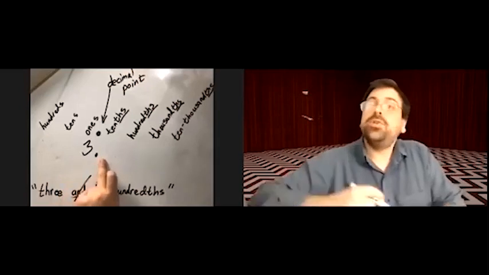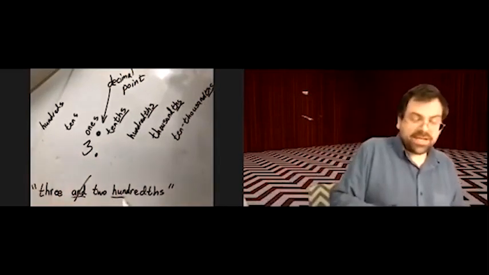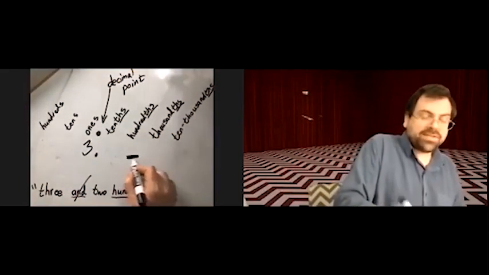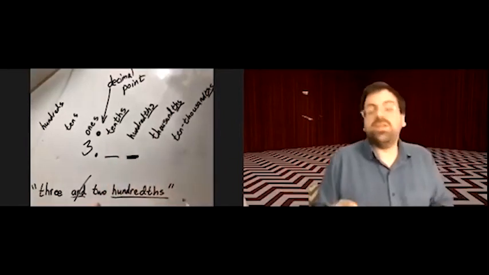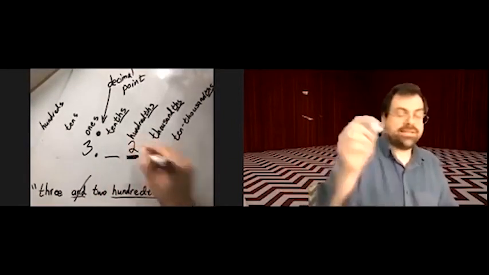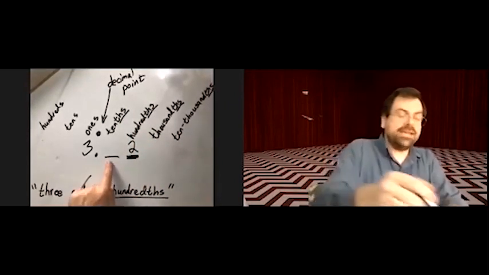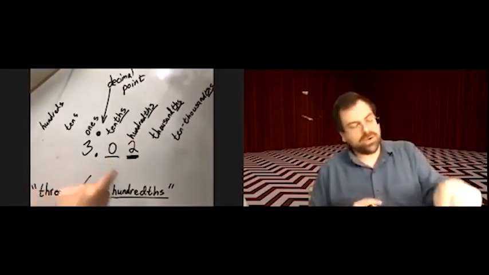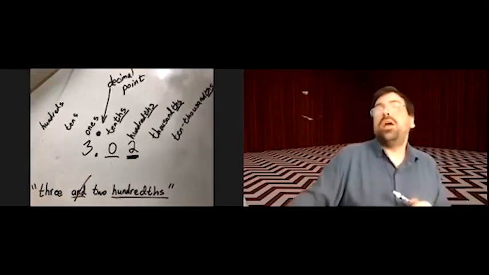We can't just write 2 because that would be 2 tenths. So we have to see hundredths. We have to identify hundredths. It's the second one. And we have to make sure the number 2 ends there. So what do we fill in to keep the space? A 0. 3.02, 3 and 2 hundredths.